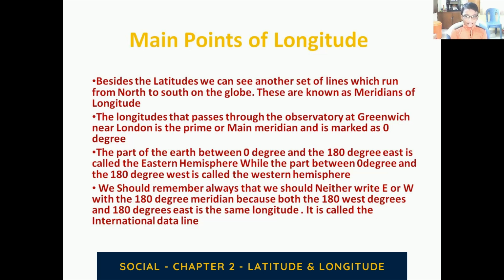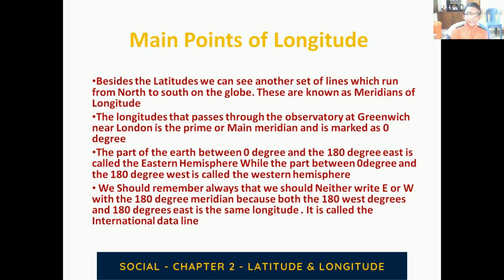The part of the Earth between 0 degree and 180 degree east is called the Eastern Hemisphere, while the part between 0 degree and 180 degree west is called the Western Hemisphere.